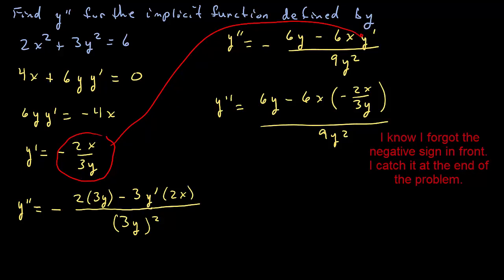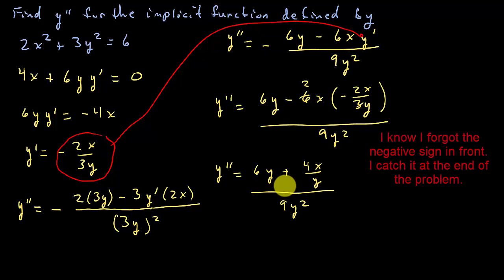Okay. So let's see what we get now. So y double prime is equal to 6y minus, now let's see, well, that's going to be what? Plus, and then this and this cancel, I'm left with 2. So that's going to be 4x over y over 9y squared. All right. So now we need to kind of simplify this thing a little bit.